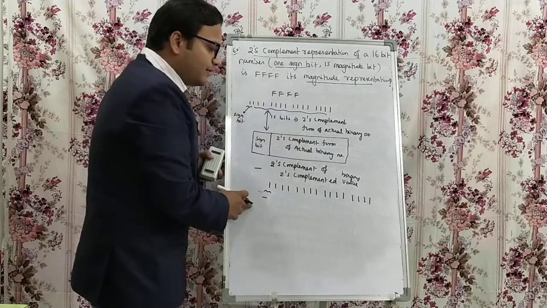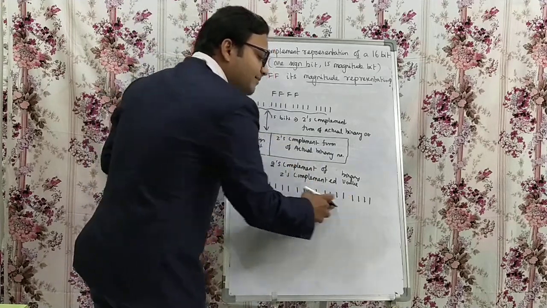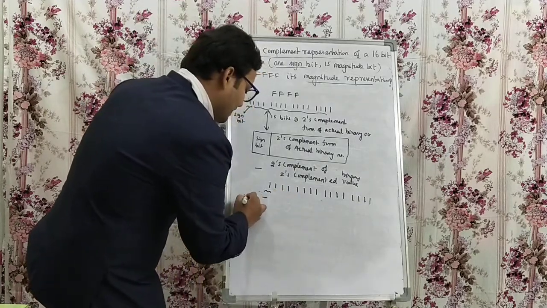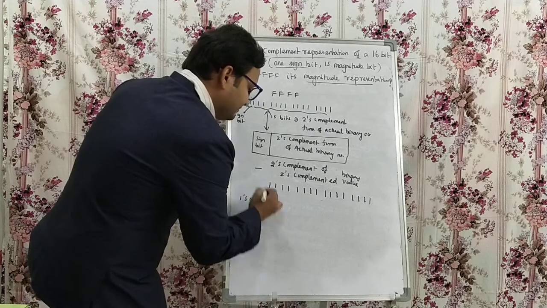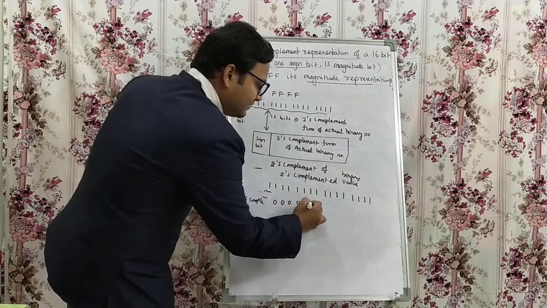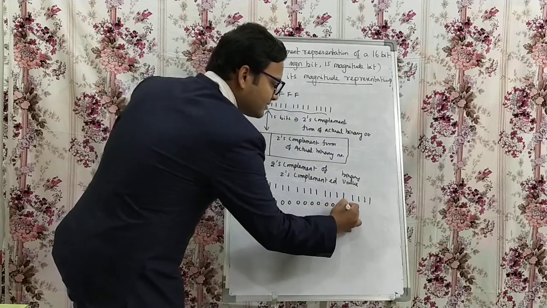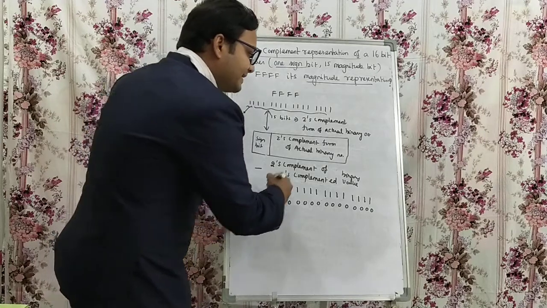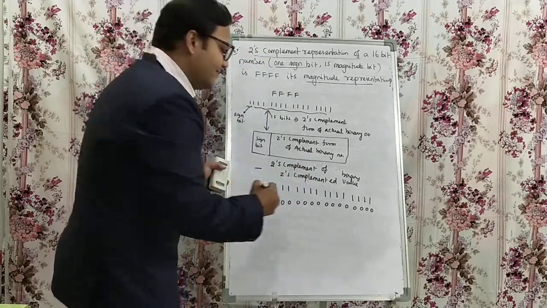And for the remaining bits, I have to find the actual binary value. For that I have to do the 2s complement of these 15 ones. First you do the 1's complement, leaving the negative: just interchange ones with zeros, giving all zeros. Then make the 2s complement to get the actual binary value.